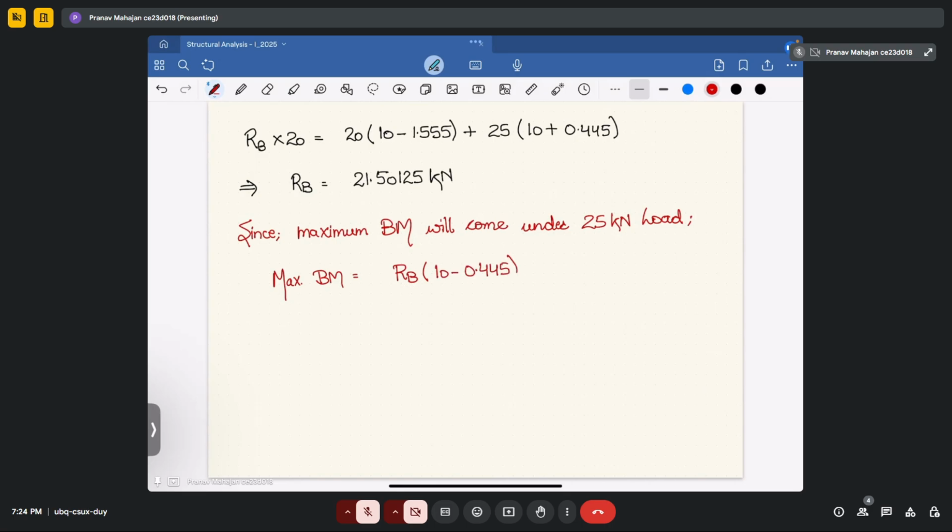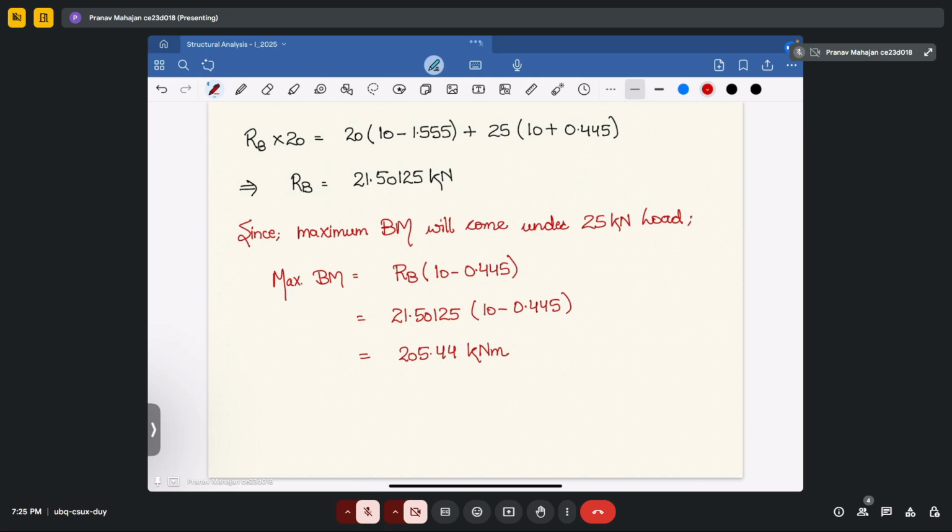That will be the distance under the 25 kilonewton load. So that value will come out as 21.50125 into 10 minus 0.445, and that will be equal to 205.44 kilonewton meter. So fine.